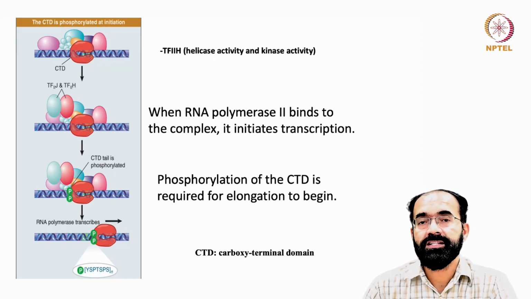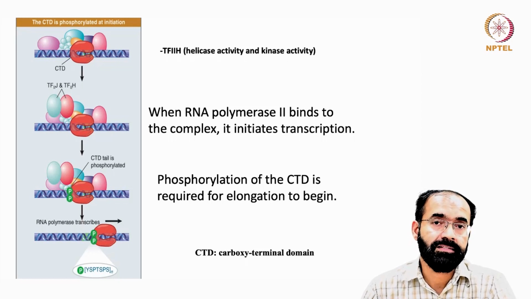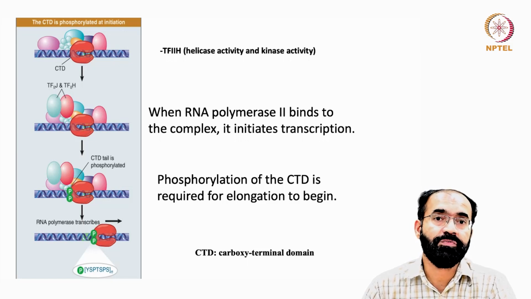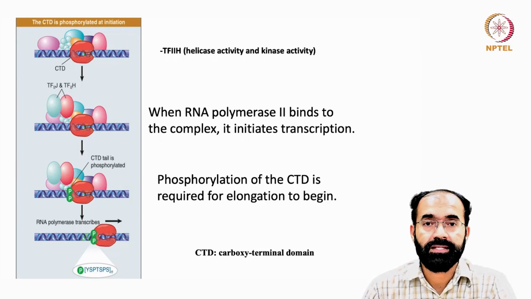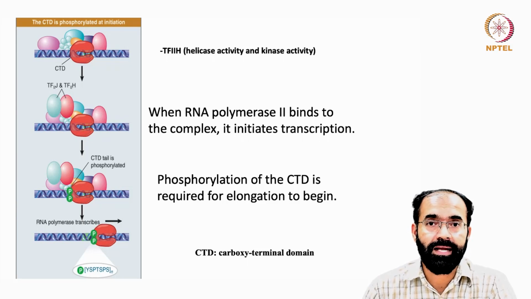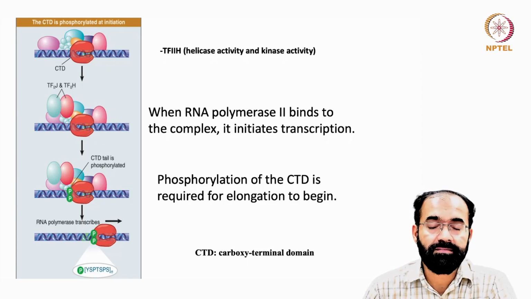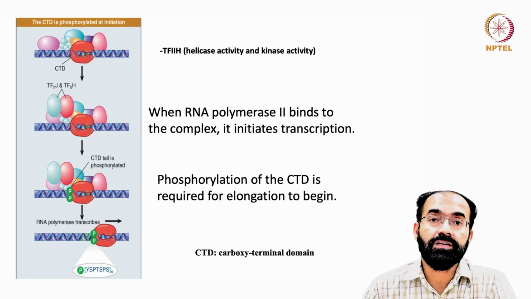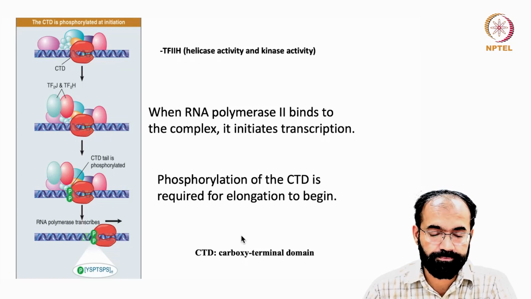So every protein starts with an NH2 end, corresponding to the 5' end of an RNA, and towards the end of the protein, you have got a carboxyl group. So that is called the C-terminal of a protein. So we call it CTD, carboxy terminal domain.